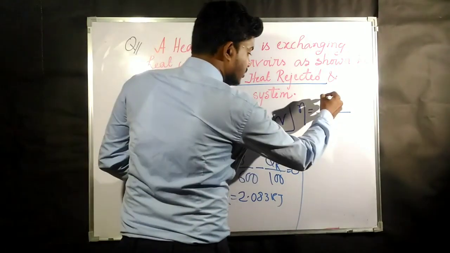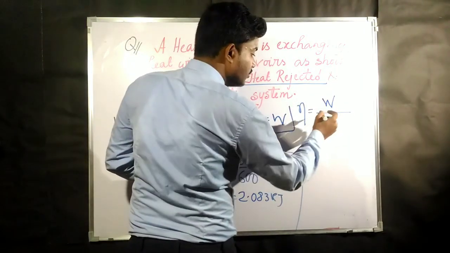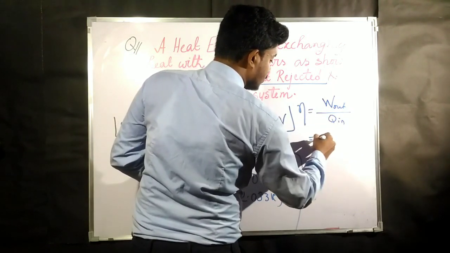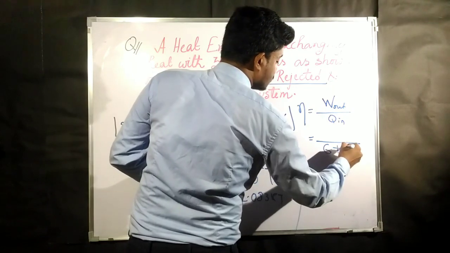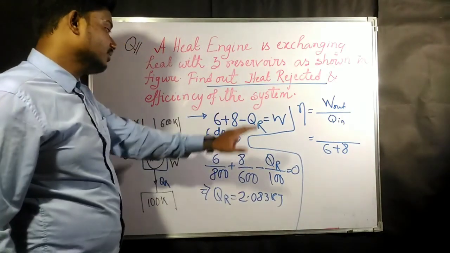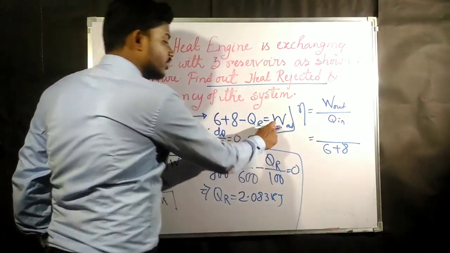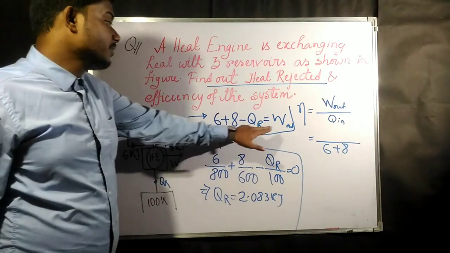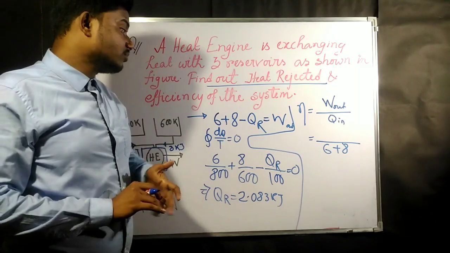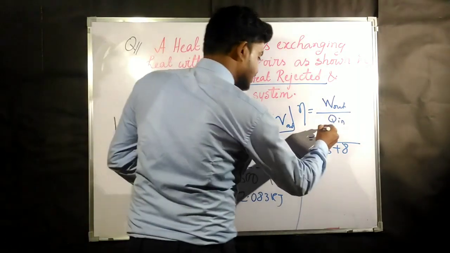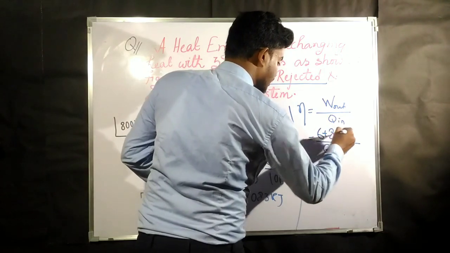Okay, so this is going to be your W out divided by Q in. So Q in is what? Q in is nothing but 6 plus 8. Okay, and W out, we have found out W out here. What is going to be the W out? Or the work that we are going to get, the amount of work is going to be this value. Okay, that means 6 plus 8 minus QR.